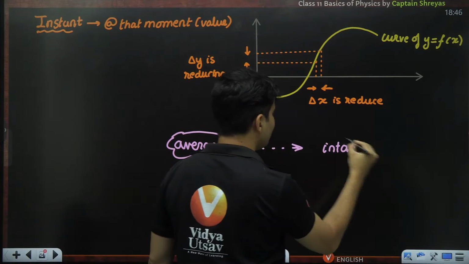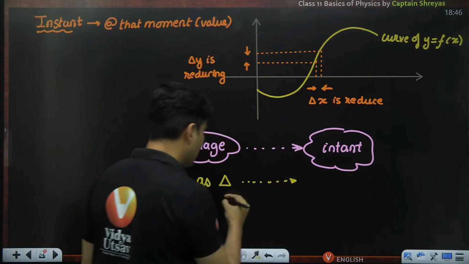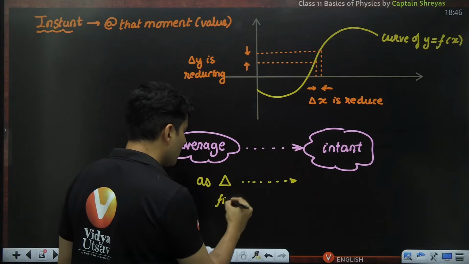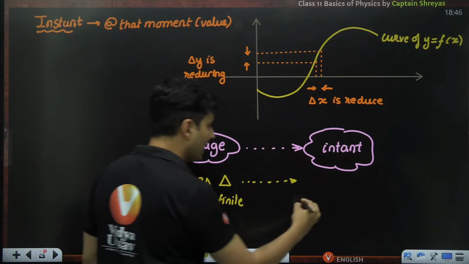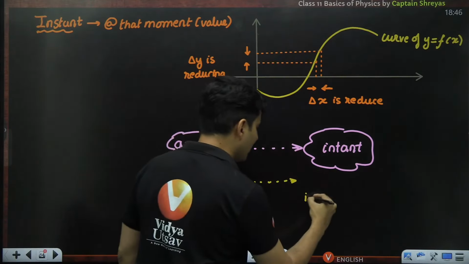This happens as delta becomes closer and closer, smaller and smaller. Delta, which is a finite value, becomes infinitely small, and such a small change is then called d.